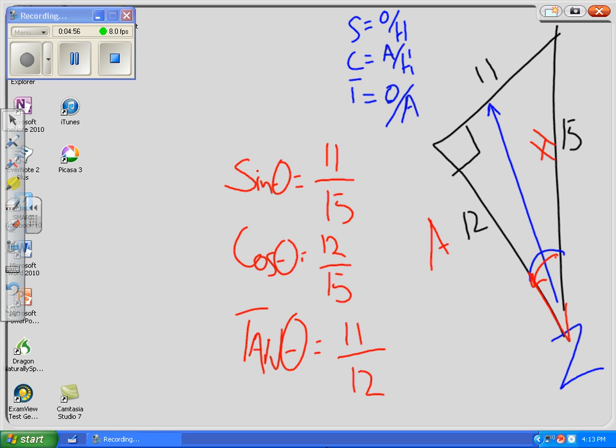Pull out your calculator, hit clear twice. And now put in second function sine 11 divided by 15. Enter. Okay, hit clear twice. Now I want you to hit second function tangent 11 divided by 12. Enter.